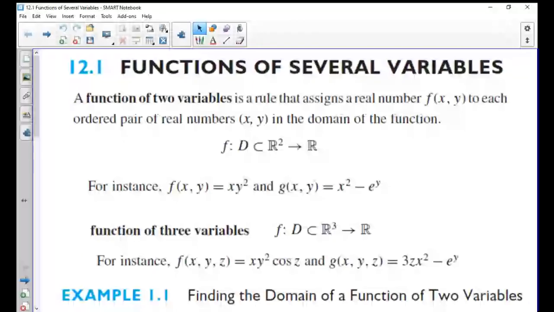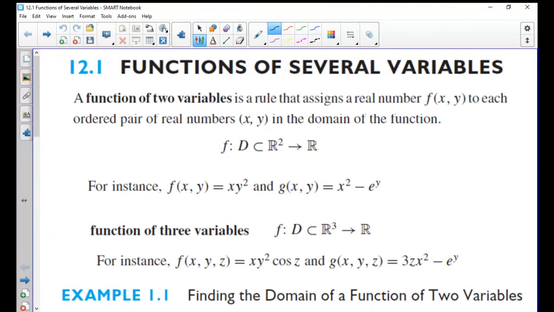Okay, so 12.1, functions of several variables.